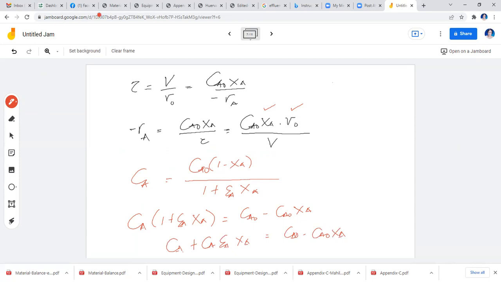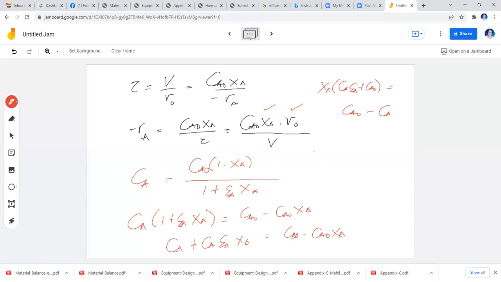Now I'll keep these two in this side and I'll transfer this one in here, and this one in here. If I factor out XA on the left side after transferring, what I'll have is CA epsilon A for this one, and this one, if transferred here, will be plus CAO, equal to what you have here on the right, CAO minus CA.